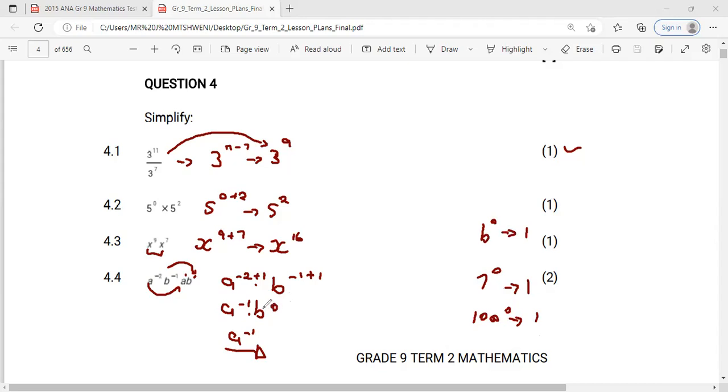It's not that I have forgotten, because it's 1. I hope it makes sense. If you want to write it with a positive exponent, it will be what? 1 over a. From here to here, to positive exponent, but they didn't say that. Let's move on now. I hope I make sense.